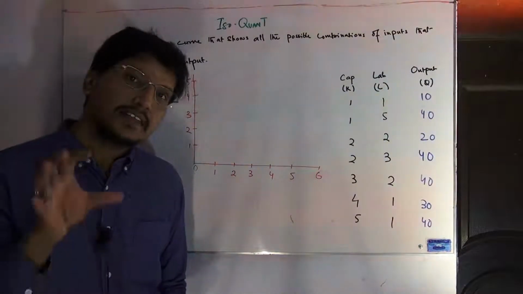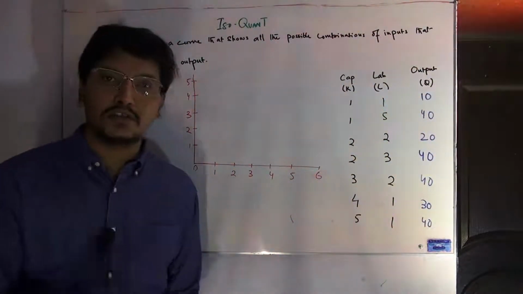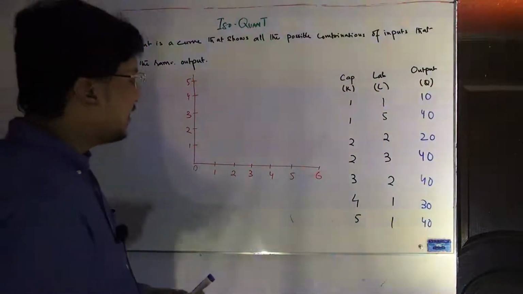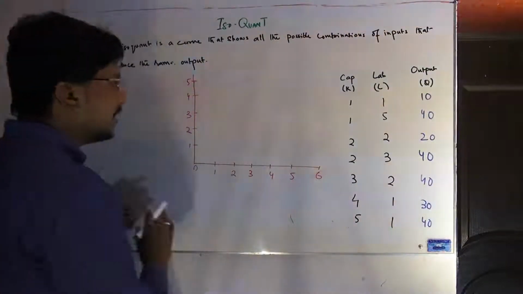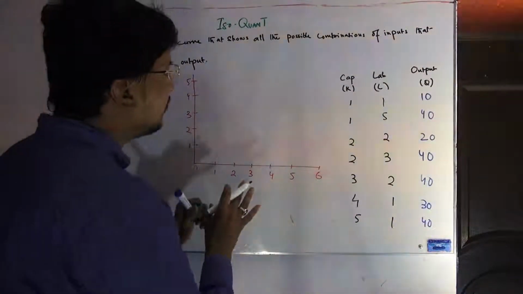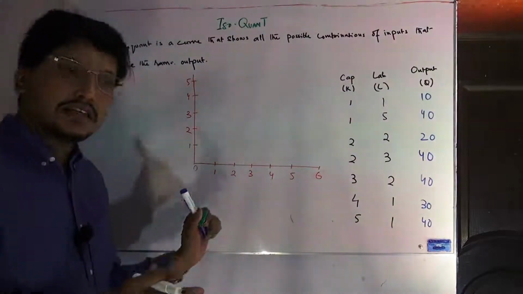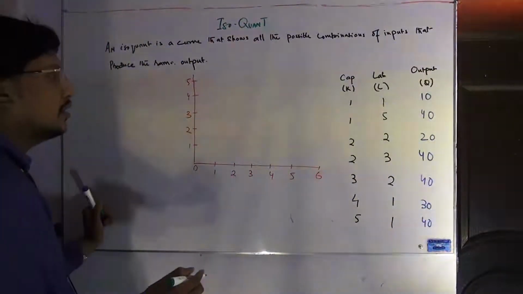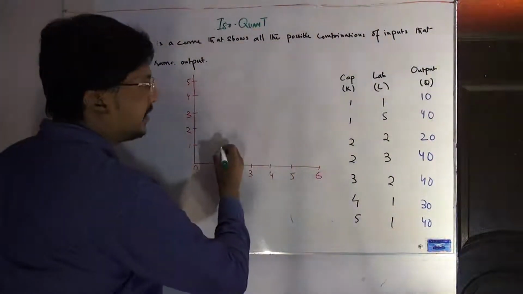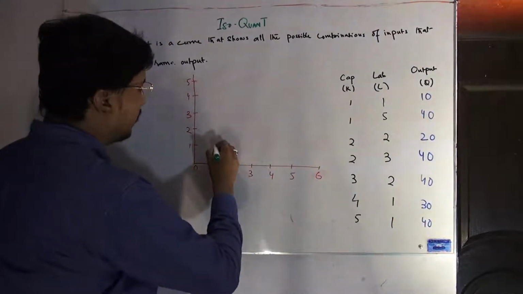Isoquant is saying that the same level of output is produced by using different combinations. So even if we are not understanding anything and just plotting this data, we will understand what the isoquant will be.